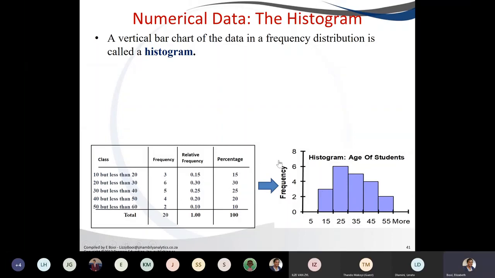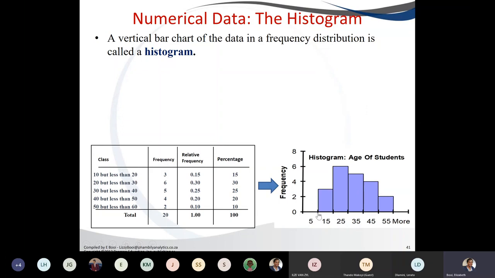But now, the other thing you need to understand about the histogram is that we're using the class boundaries. So when one class finishes, the other one immediately starts. That is why there are no gaps in between. So these are the midpoints.